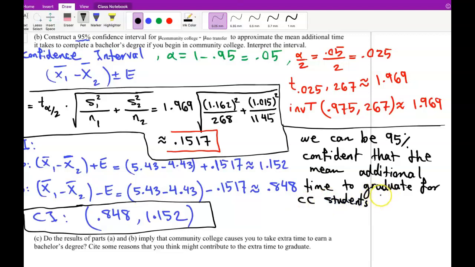For community college student, it's between these two numbers. Between 0.848 years and 1.152 years.